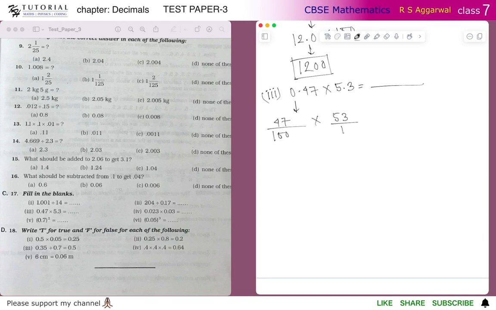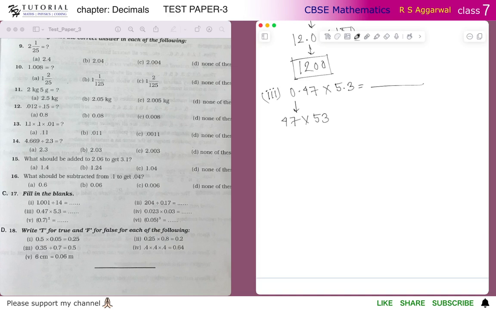Now when we multiply two decimal numbers, we will omit the decimal points, and we will directly multiply the numbers, considering them as whole numbers. So we will find 47 multiplied by 53, and then finally we will put the decimal point in such a way that the decimal places will be the sum of the decimal places of the two decimal numbers in the product.